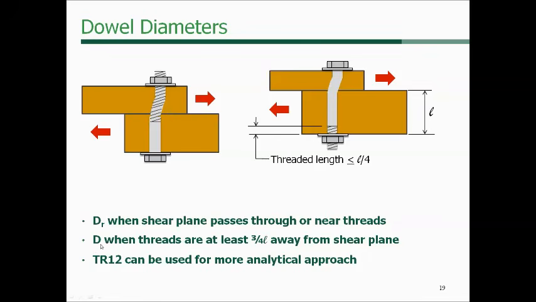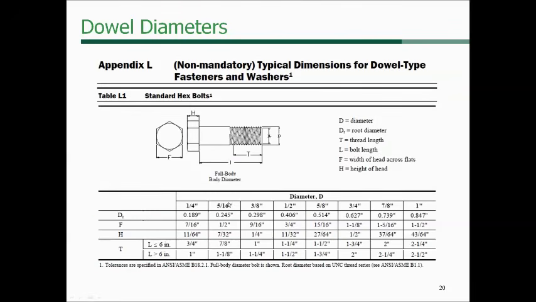And we're going to assume the shank diameter D when the threads are at least 3/4 L away from the shear plane, as shown here on the right. And so the technical report I alluded to earlier, technical report 12, we'll show you a link to that later on in the program, can be used for a more analytical approach, but this will help you understand some of those assumptions for D versus D sub R.